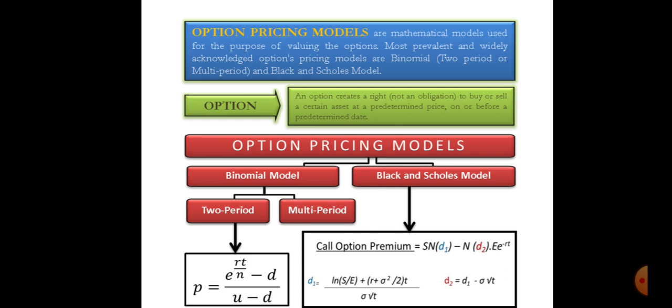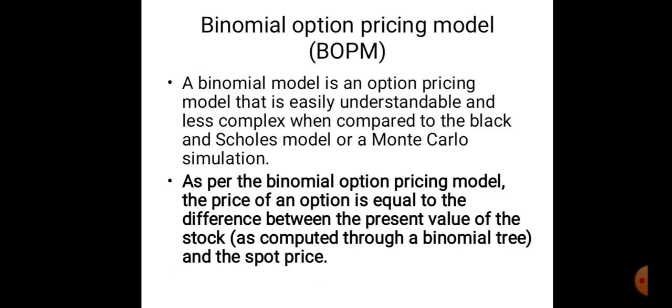This is just an example. While solving problems in class, I'll let you know the format of the problems. Here, don't refer to these. First we'll go with the binomial option pricing model.